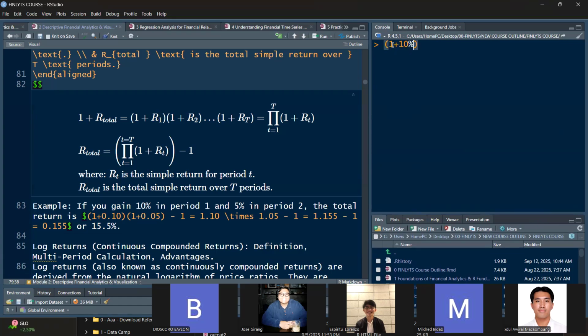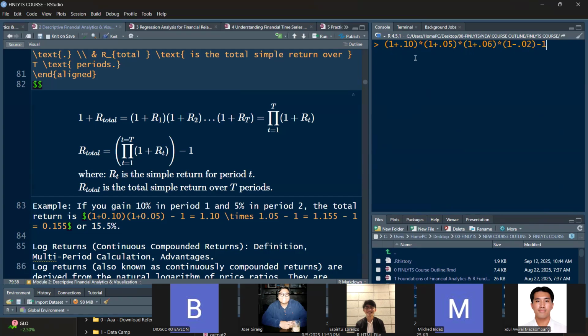I can write it this way, or I can write 0.1, or I can just directly write 1.1, and then 5%, 1 plus 0.05, and then 6%, 1 plus 0.06, multiply 1 minus 0.02, okay, and then minus 1.